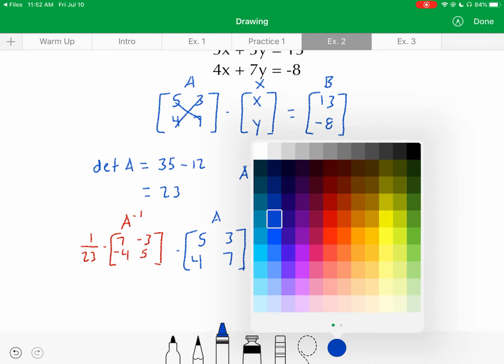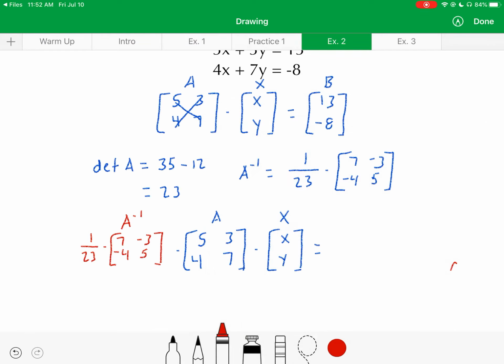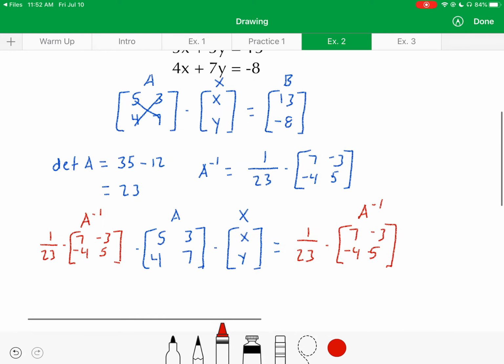And then on the right side of the equation, right, whatever we do to one side, we got to do to the other. So taking that same inverse for matrix A, and it is multiplying the constant matrix.